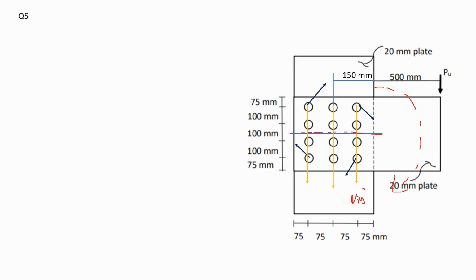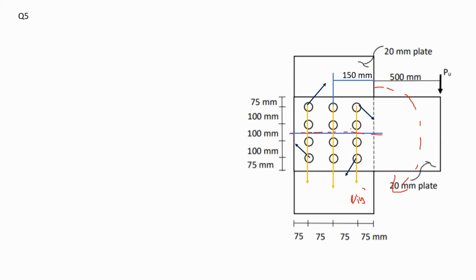Here I show the blue arrows at the corner bolts. Of course, there will be other shear forces at the other bolts, but the ones at the outer edge or at the corner are facing the biggest shear force. That's why I'm focusing on these ones, the very far away ones from the centroid of the group of bolts.